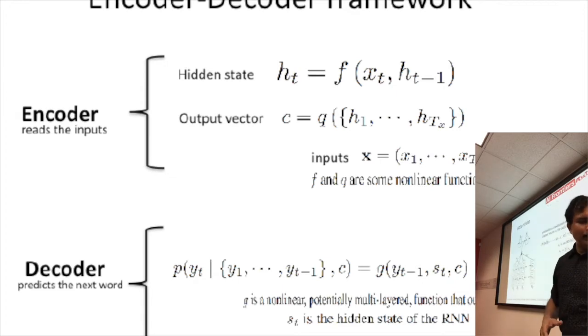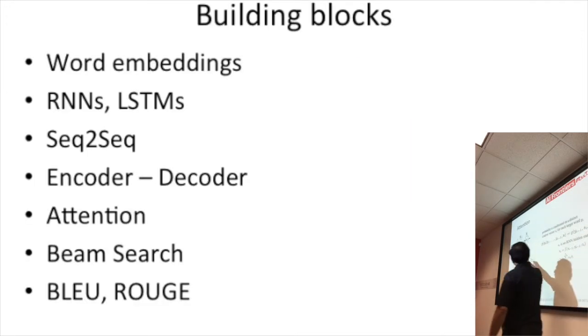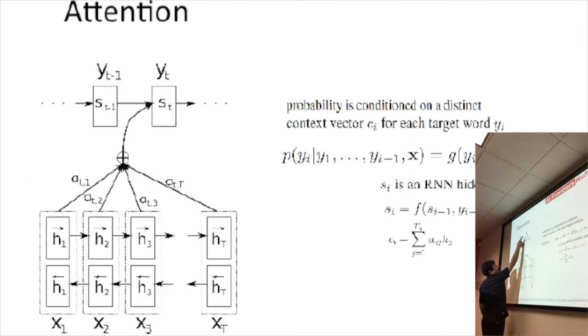So to output a word yt, you not only use the hidden state of the decoder LSTM, but you go back and constantly check the hidden states of all the various inputs at any specific time.